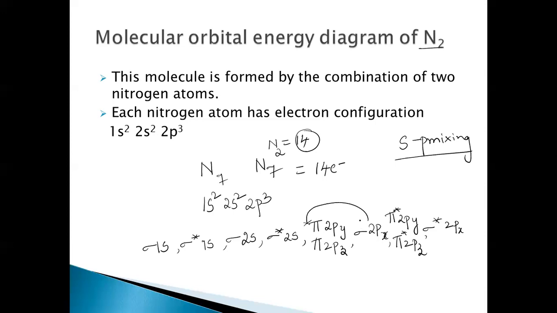We know that sigma, the head-on overlap, is more stable and has less energy than the lateral overlap that forms pi molecular orbitals. But for systems with 14 electrons or fewer, sp mixing occurs, so the energy of sigma 2px is more than that of the pi. That means till nitrogen, this is the order which is followed.